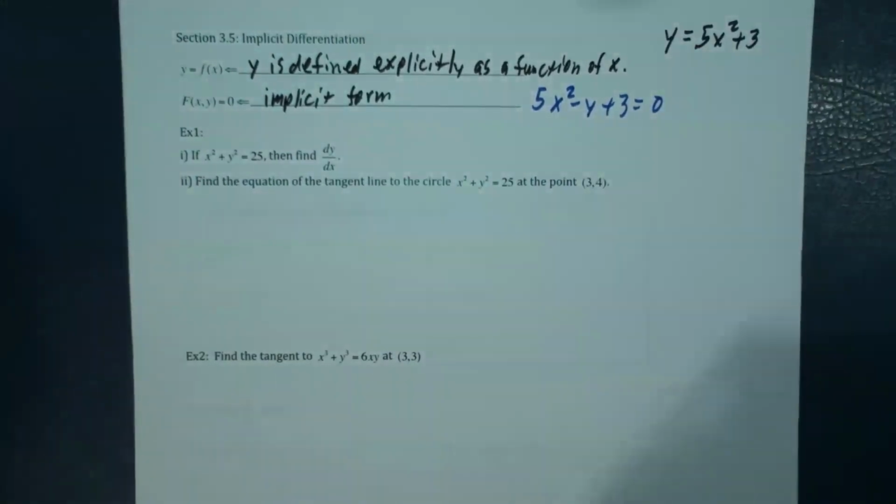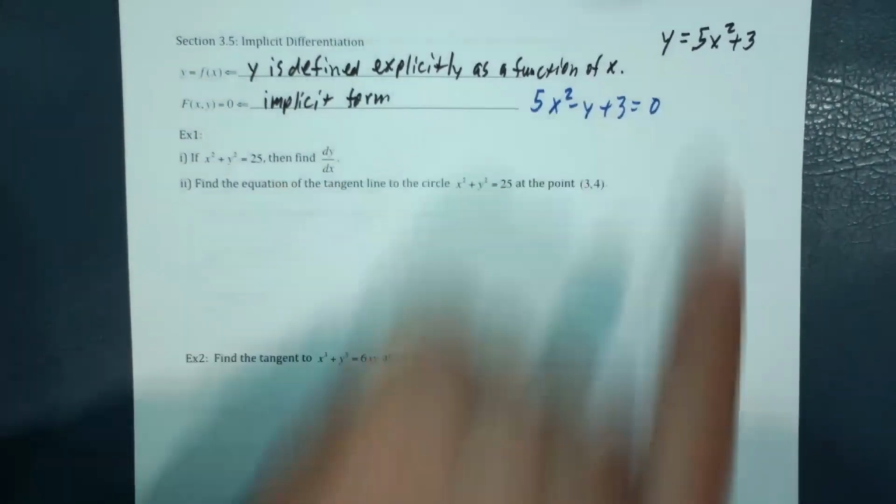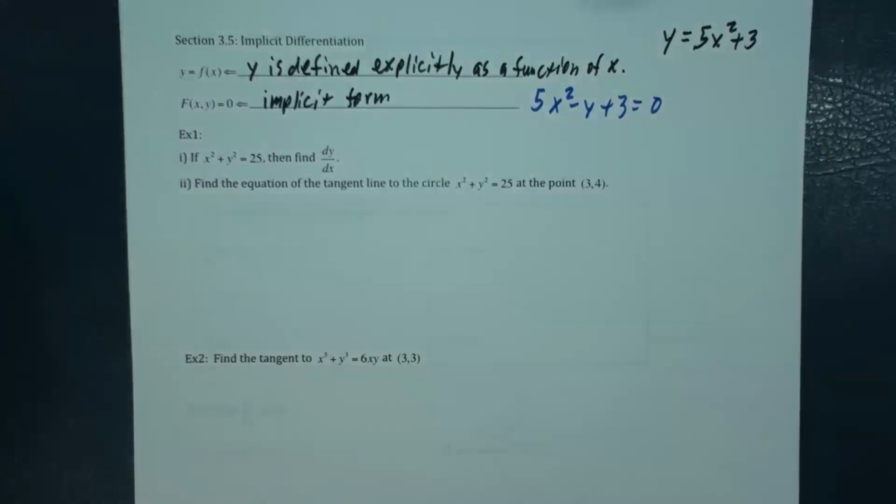So we have x's and y's kind of mixed together, kind of buried in there together. That's implicit. Now, for this one, we could still get y by itself. That's easy to do, and it would look like this. However, for some functions, it's not easy to do that. In fact, it's actually impossible to do in some cases.